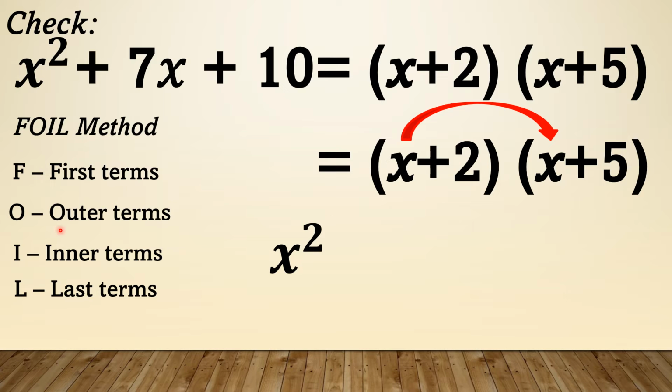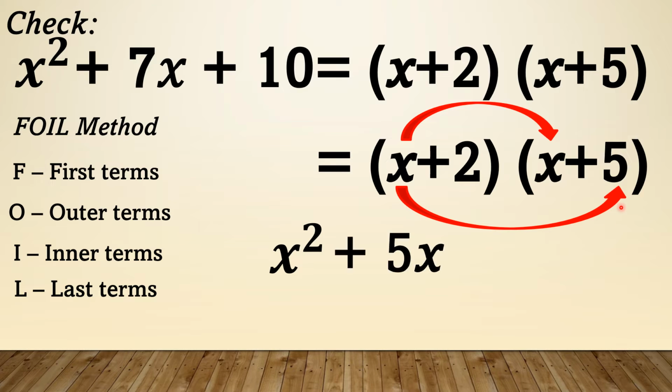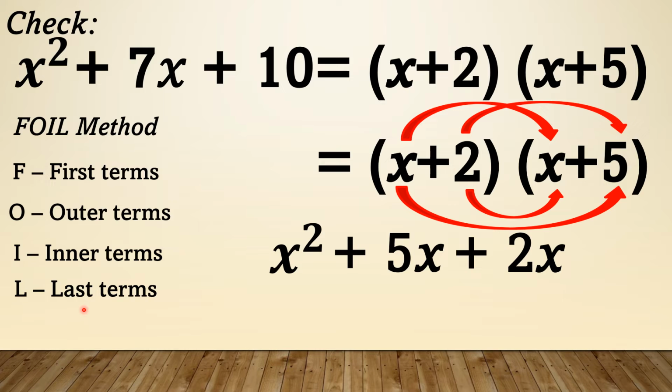Next, we're going to multiply the outer terms. So x times 5 is equal to 5x. Next, inner terms. So 2 times x will give us 2x. And we have the last terms, 2 times 5 will give us 10. Now look at our partial answer. We have here like terms, 5x and 2x.